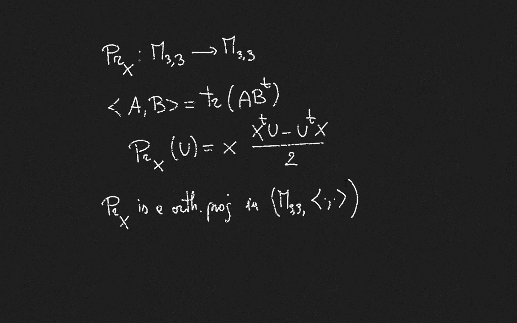It's also easy to see that if you project the projection, you end up with the projected vector again, so it's idempotent. And if you take what's left, you should verify that these hold.